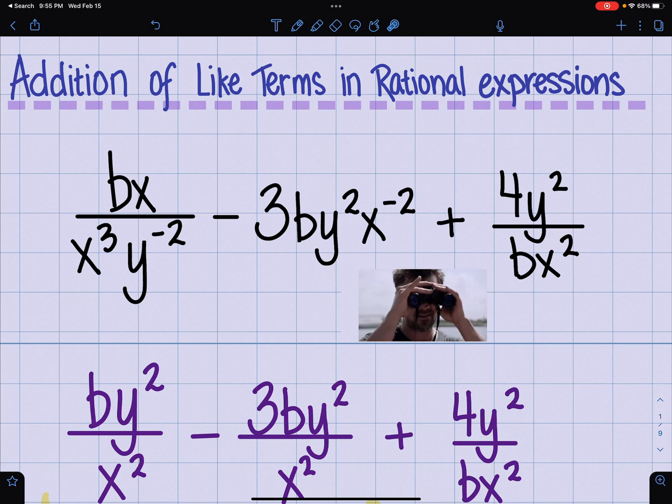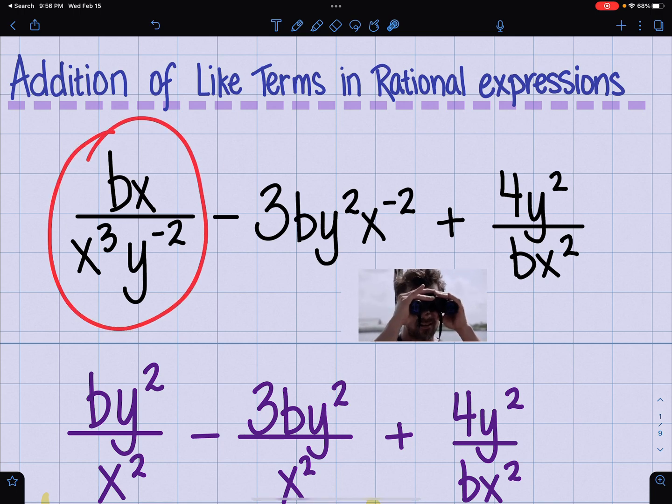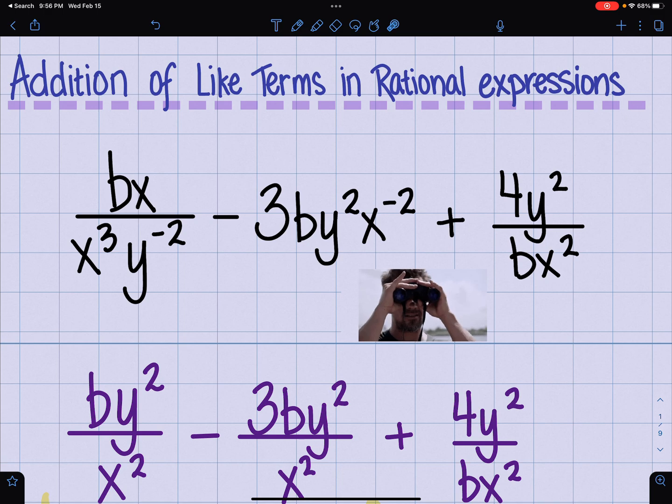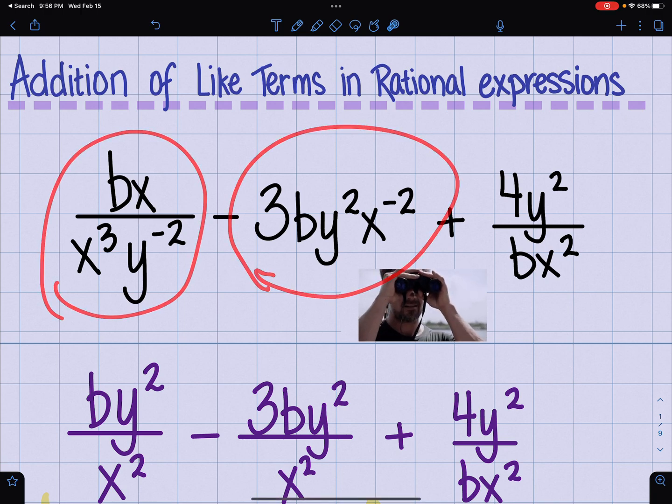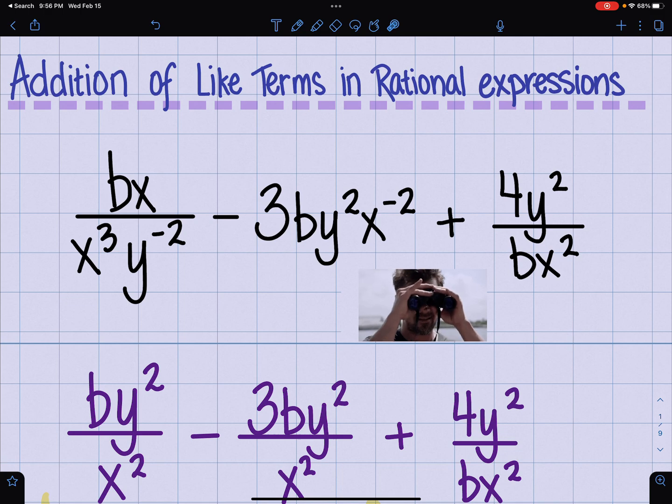When we look at this rational expression, rational means there's some fractions or ratios in it. We have to look really hard for the like terms. It turns out, and I'll just spoiler alert, this term and this term is a like term, but we have to do a little bit of simplifying before we can figure out that it's a like term.